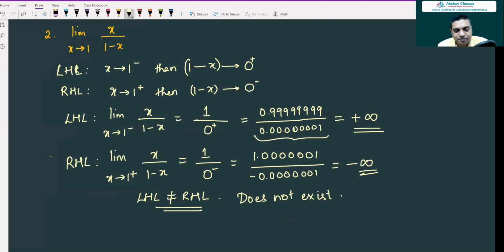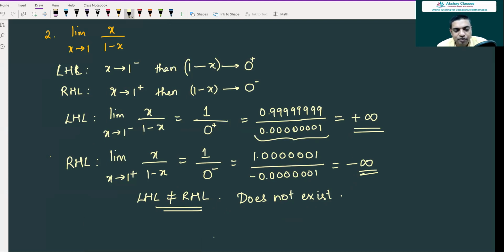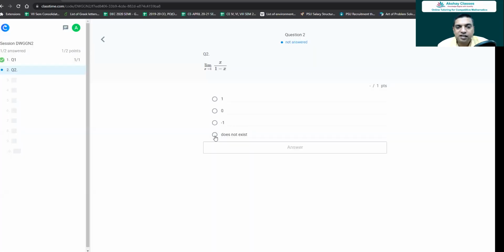Is that clear to everyone? So the answer here, because the left hand limit and right hand limit are not equal, is that it doesn't exist. All right. So the options didn't have infinity. If the options had infinity, you would be confused.